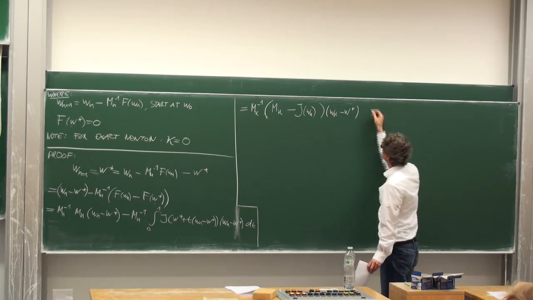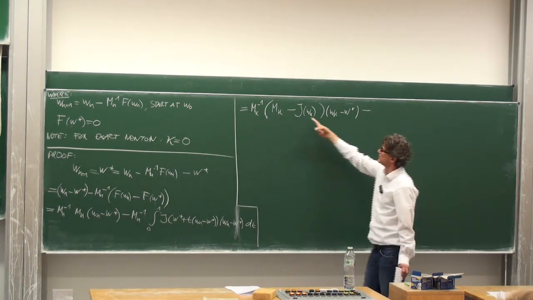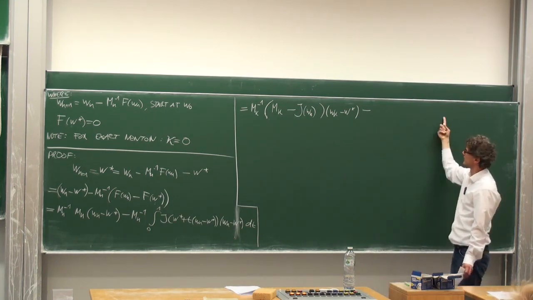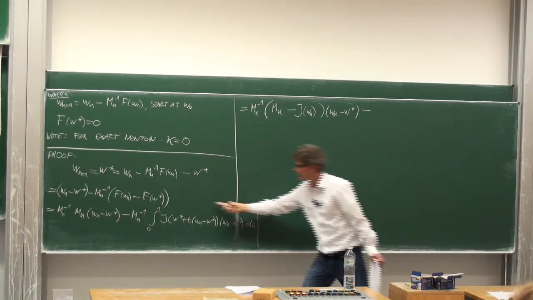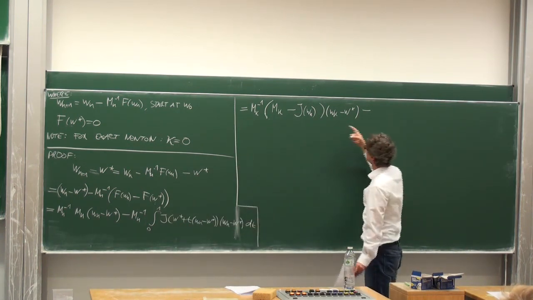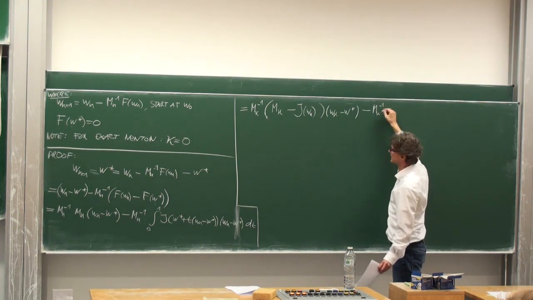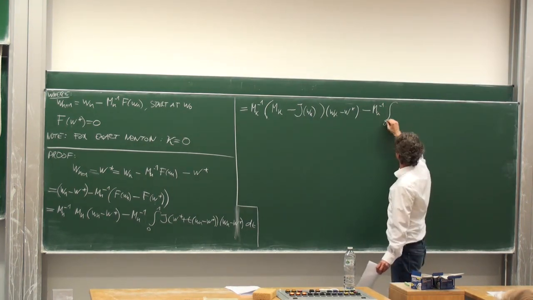And then I go on by, here's a minus sign. With another minus sign, I will introduce that term into this integral, so that it's the same term as here. So I will have here mk to the minus 1, and then the integral from 0 to 1.